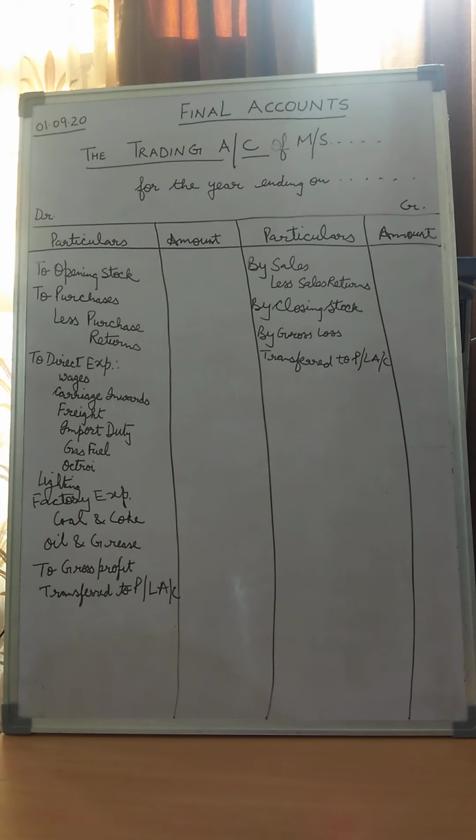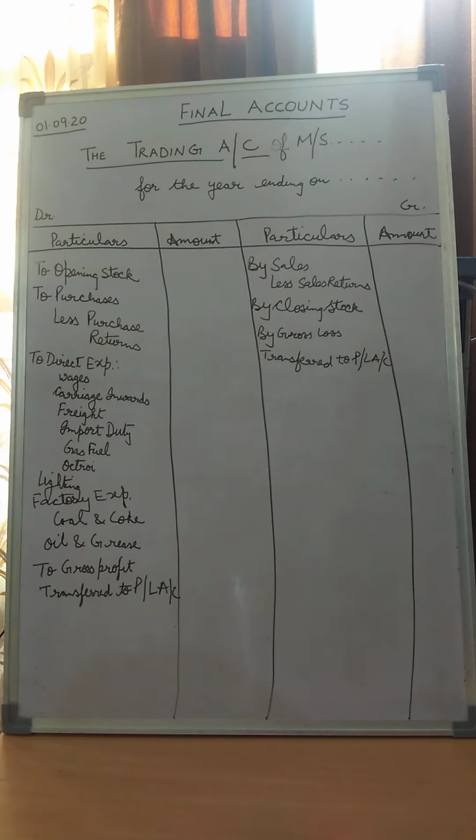Purchase and purchase returns. Purchases, children, include both cash and credit purchase of goods. Purchases are recorded, children, on the debit side of the trading account after deducting the purchase returns. We should be careful while calculating the purchases.